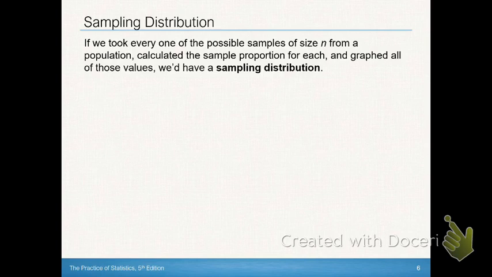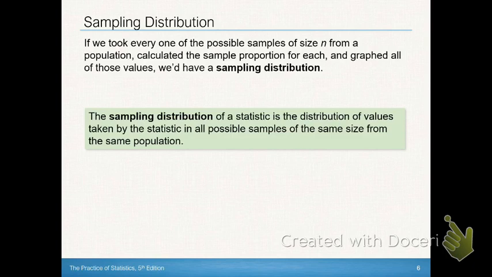So if we take every possible sample of size n, where n is arbitrary, so maybe you take samples of size 3 or samples of size 5, whatever it is, you stick with it. So if you're taking a sample of 10 people, you do that every time. And we use that to come up with a sampling distribution.